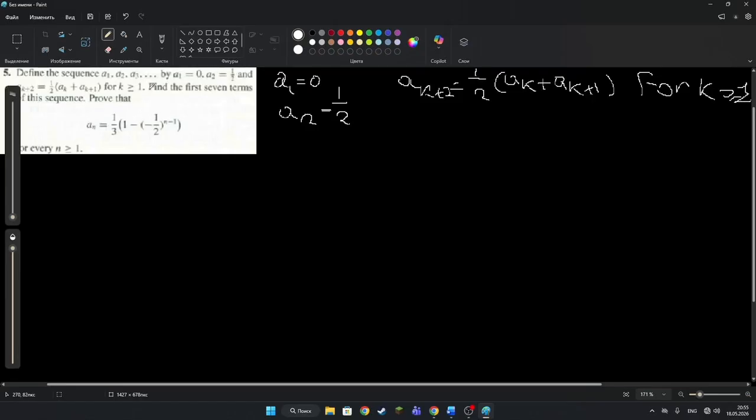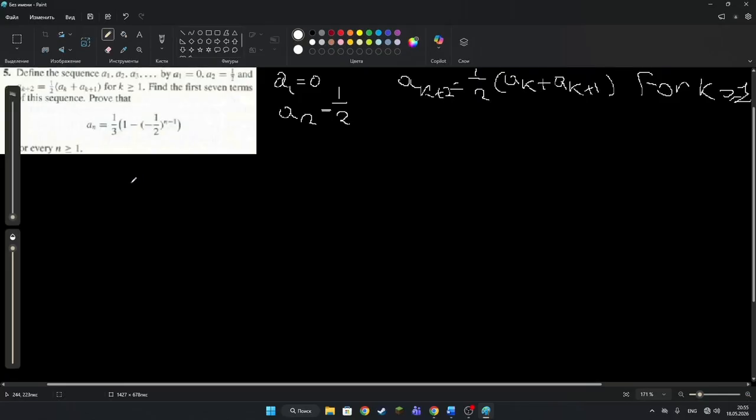So first of all, we must find the first 7 terms of the sequence and then prove this equation for every n more or equal to 1.